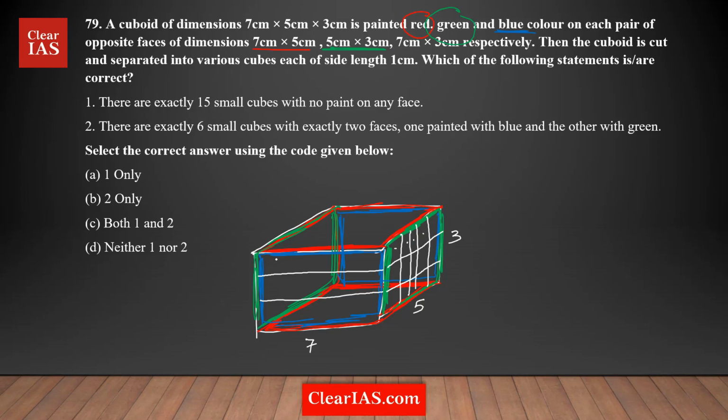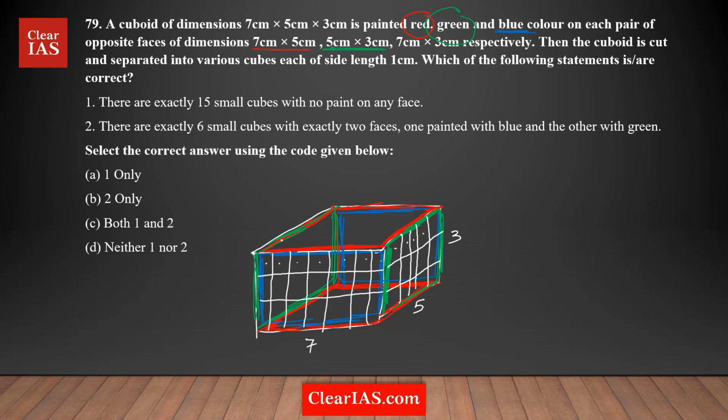Similarly, this is 7. That means it's cut into 7 cubes. So let's say this is 1, 2, 3, 4, 5, 6. So total 7 cubes will be there. 1, 2, 3, 4, 5, 6, 7. Got it?